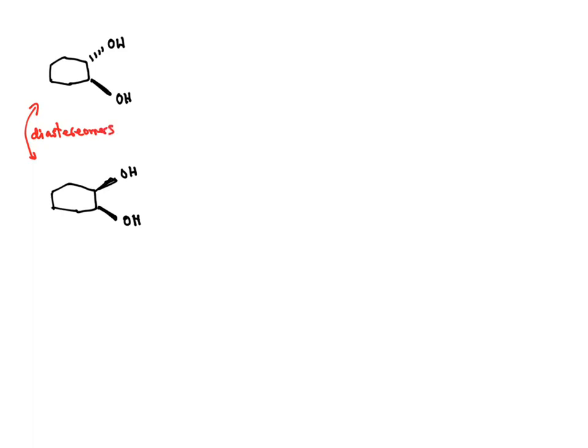Now, for each of these diastereomers, we need to determine whether or not they are chiral. In order to determine that, the first thing we do is determine whether or not they have a non-superimposable mirror image. So we can draw the mirror image of this one and see if it can superimpose upon the first one.